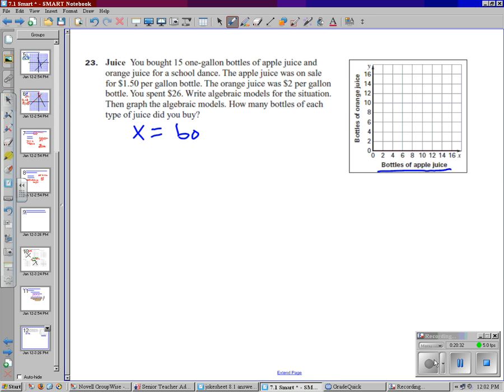X equals the number of bottles of apple juice. What does Y refer to? Number of bottles of orange juice. Or in our house, OJ. Okay? Number of bottles of OJ.